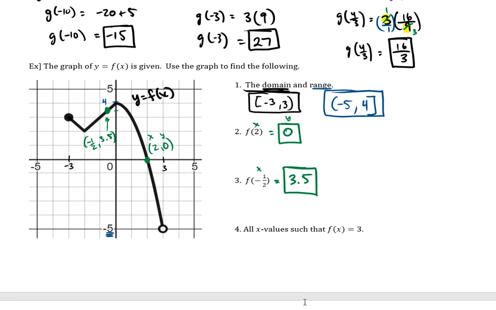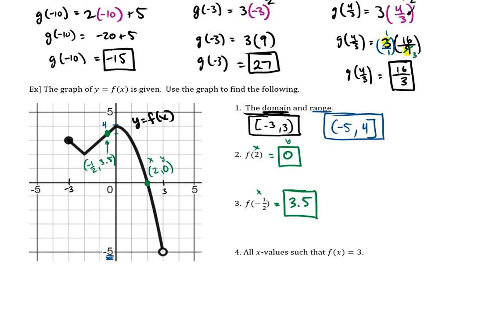Okay, and then one other. Number 4 here is find all x values such that f of x equals 3. Now they're saying this is the y coordinate that they're giving us. How about I use one other different color? Let me go back to purple. So this is our y equals 3. I want to find where I have y equals 3 on this graph. Well, I have y equals 3 right here, where I would have my y equals 3 coordinates.